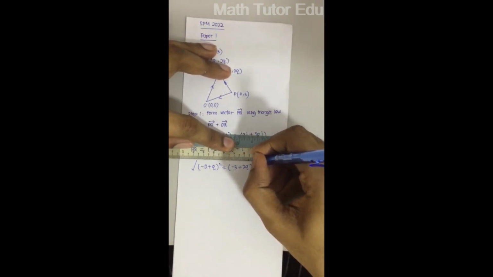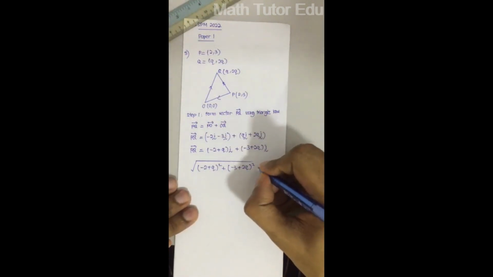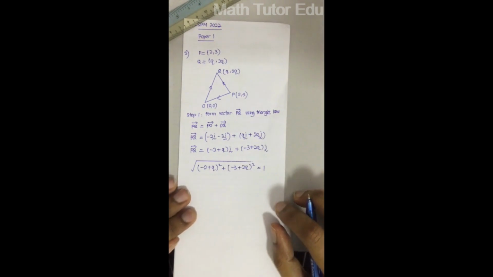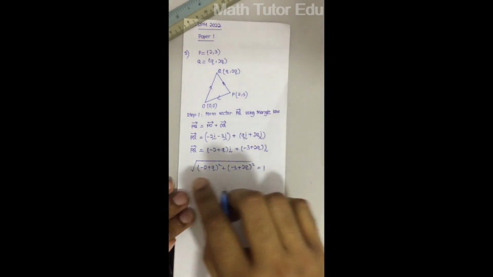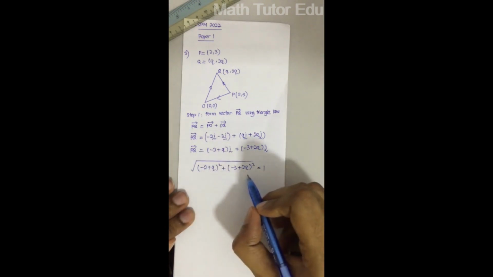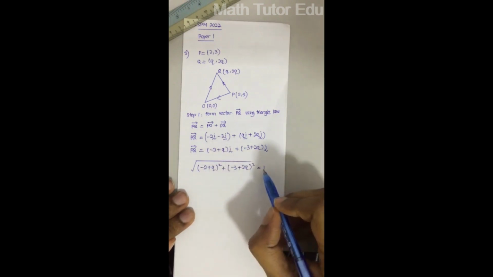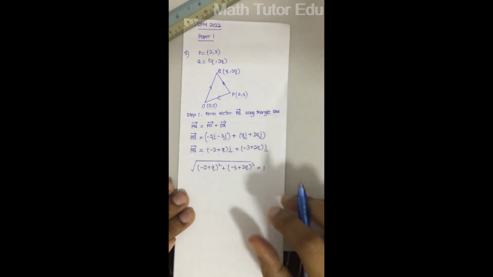So don't forget to put the square root over here, equal to 1. This is the formula to calculate the magnitude: the square root of x squared plus y squared equals 1. Why 1? Because it's a unit vector.